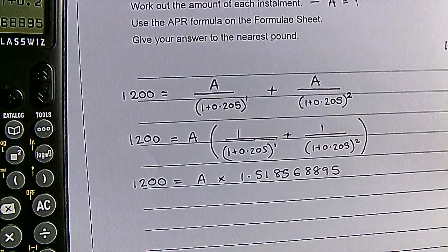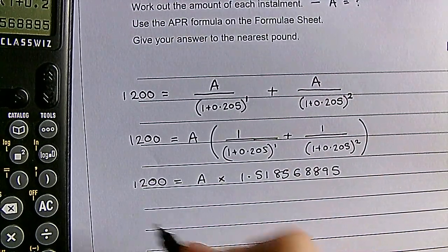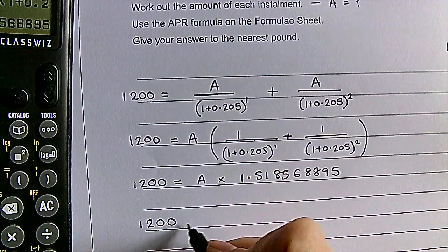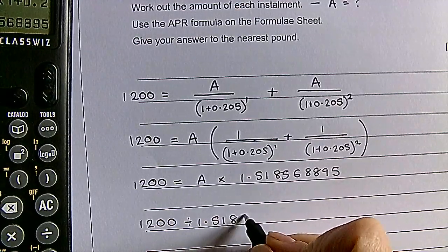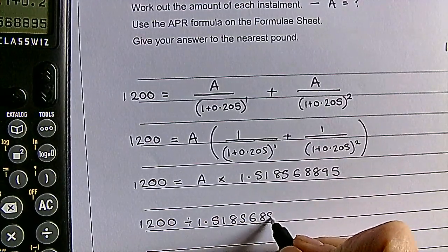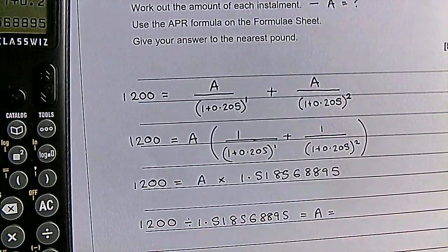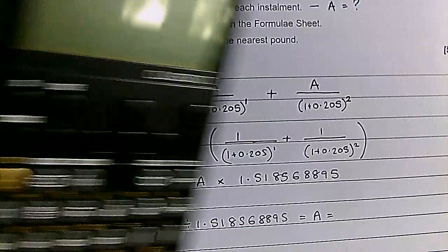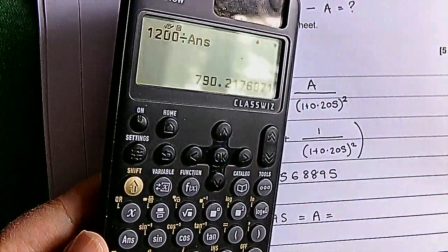Okay, so A times this makes 1200. So to figure out A, I am going to divide by that decimal. I'm going to use the answer button to avoid having to retype the whole thing.